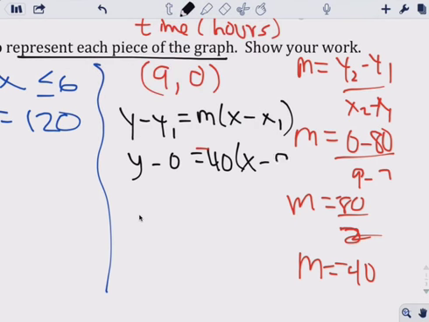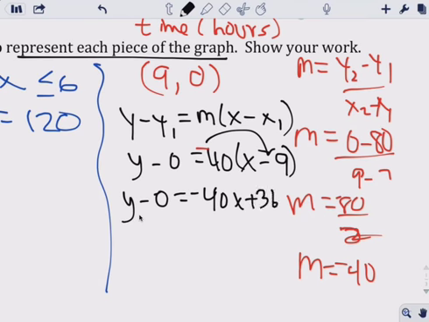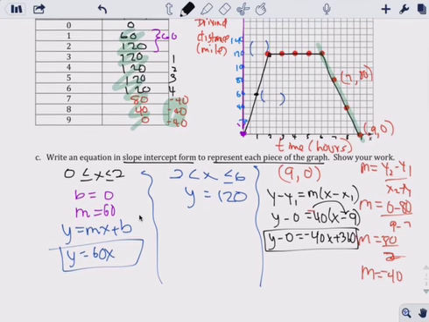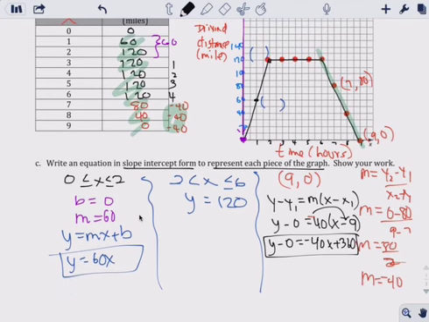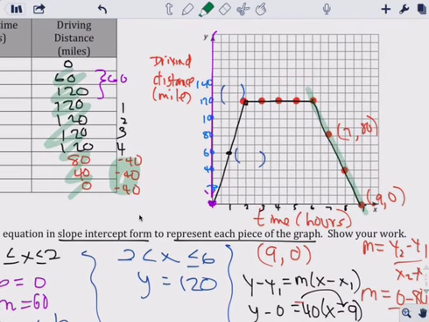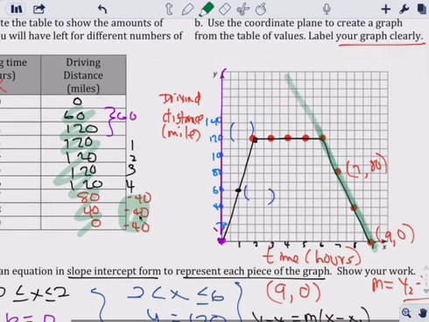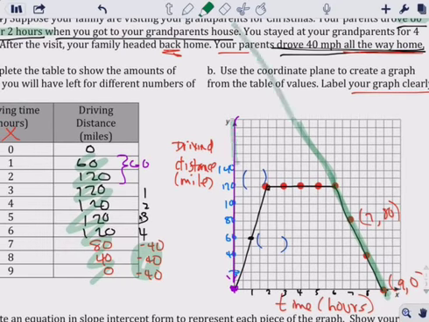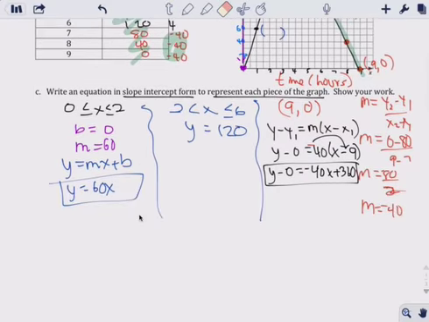So we get y minus 0 equals negative 40x, negative and a negative is a positive 360. So negative 40x plus 360. The y-intercept in this case is 360. Makes sense. If you continue on this line, most likely it's 300 something on that graph. It intercepts on the y. That's how you use point slope.